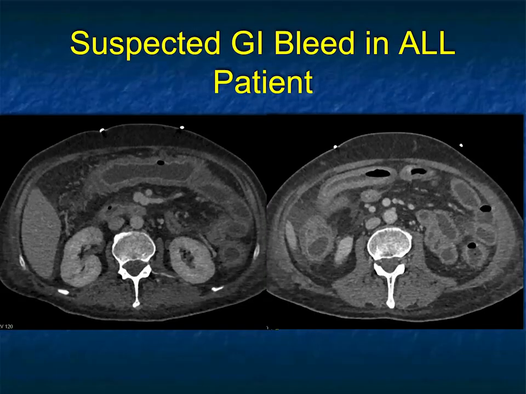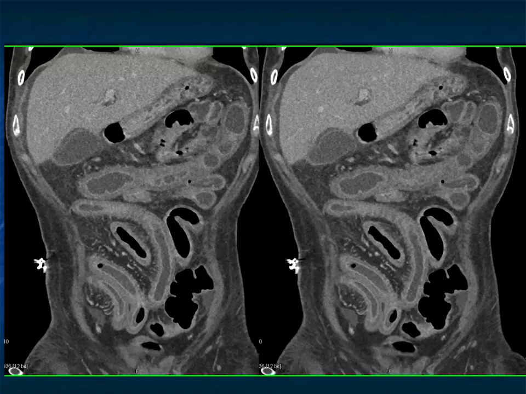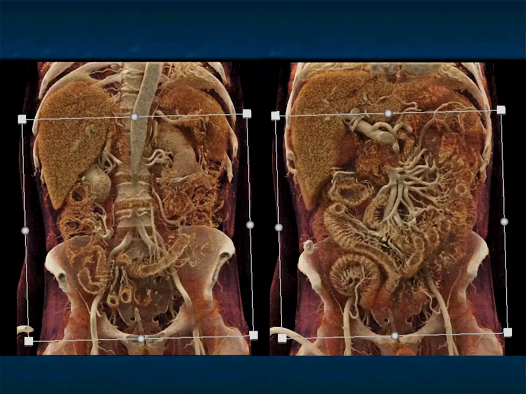Here's a patient with suspected GI bleed, an ALL patient. You see thickening of the stomach. You see lots of thickening of multiple small bowel loops for a significant portion of the small bowel. There's haziness in the mesentery. There's some ascites present. Here you can see on the cinematic rendering that the vessels, SMV and SMA, are patent.